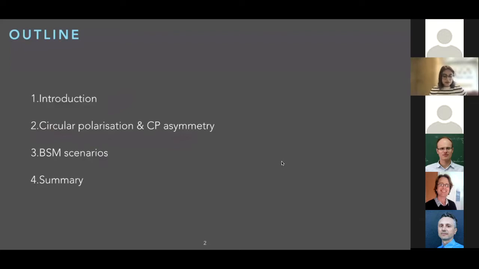I'm just going to discuss the problem in a very generic way. Then I'm going to apply this formalism to beyond standard model scenarios. I'm going to use two of them: a very simplistic one where I just introduce one sterile neutrino, and then the minimal seesaw mechanism. And finally, the summary.